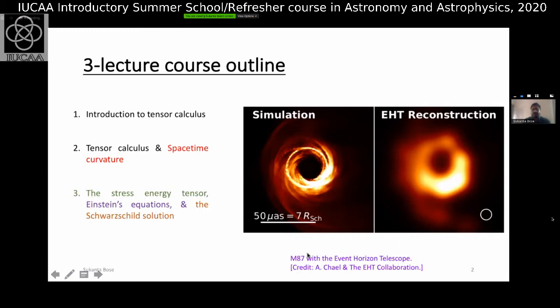It's a very heavy galaxy in a cluster which is not too close, not too far, tens of millions of light years away. And what you see on the left is a simulation again using Einstein's equations, and of course matter included to simulate matter accreting onto this central object.